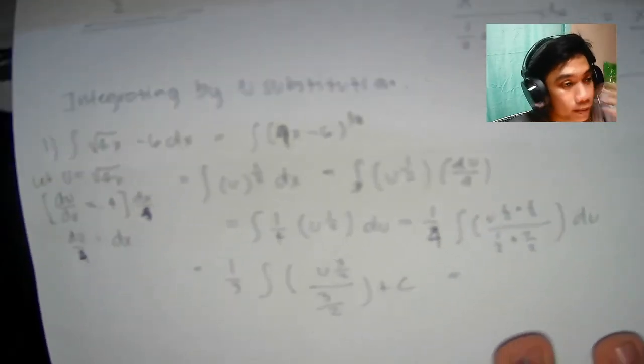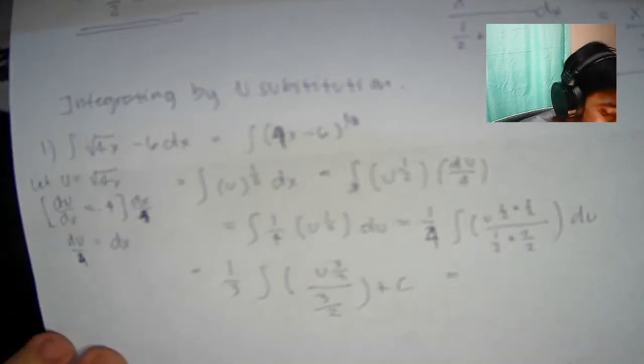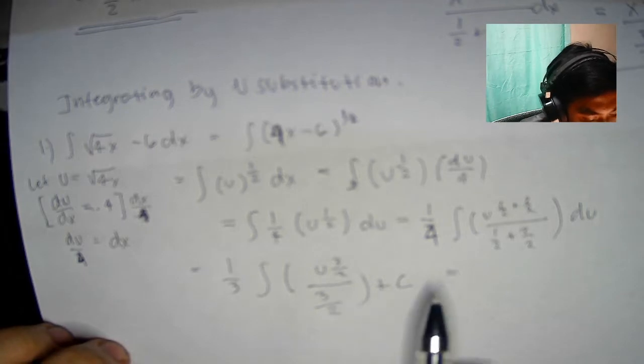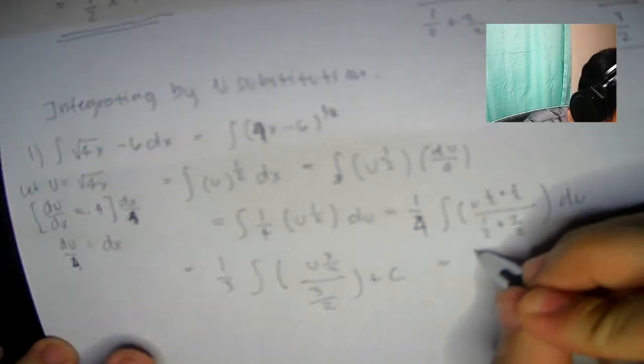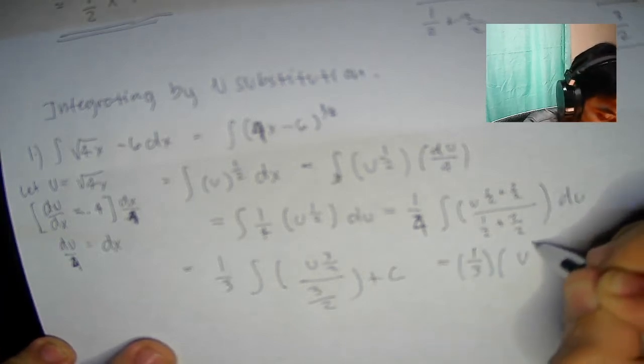So we'll have u to the 3 over 2 over 3 over 2 plus c. It's not our final answer yet, so you can put this 3 over 2 outside. If the denominator is put outside, it will become reciprocal.